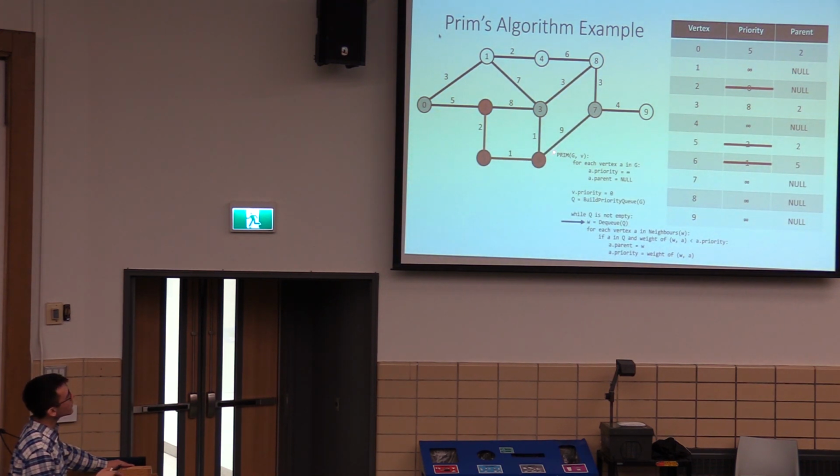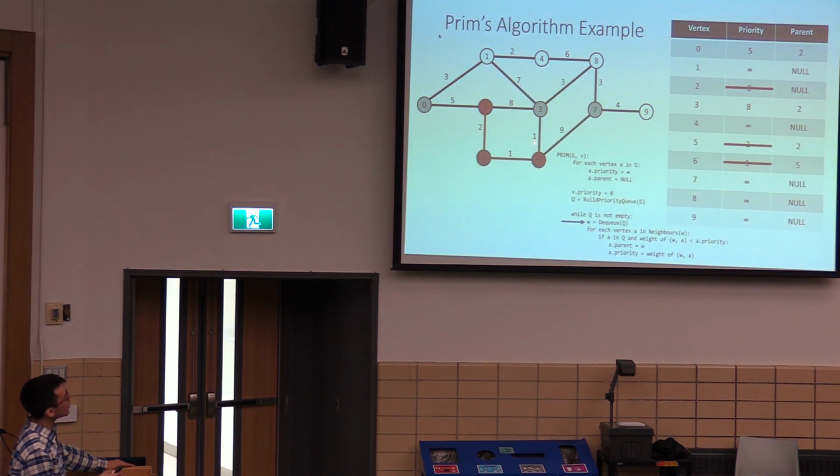But since now I'm at 6 and I notice an even lower weight here of 1, this is the part of the code where if my neighbor is in the queue, which it is, so 3 is indeed in the queue, and the weight from W, so 6, to A, which is 3, is smaller than the current priority, then I'm going to update its priority accordingly to the new weight.